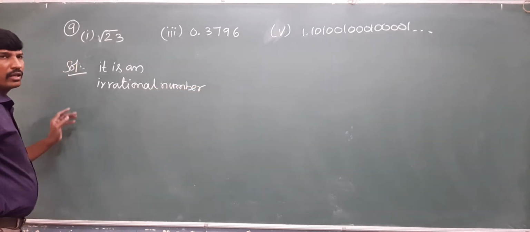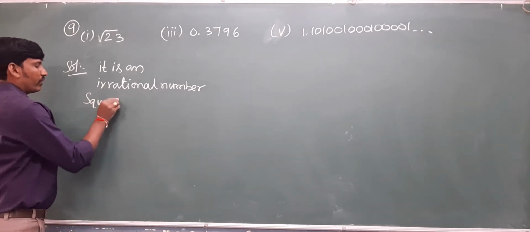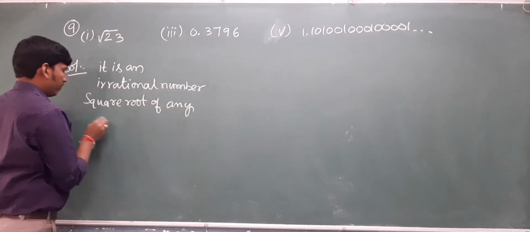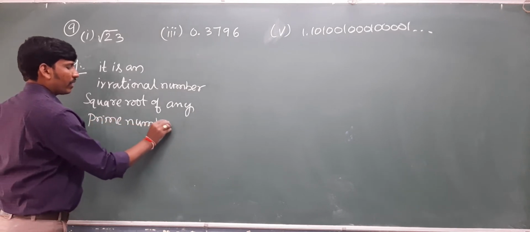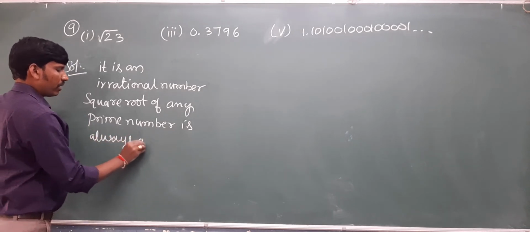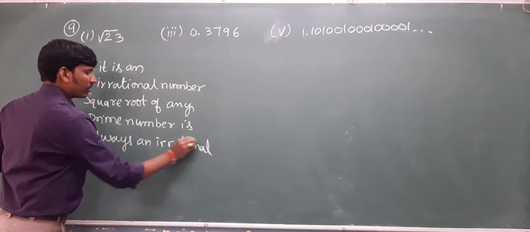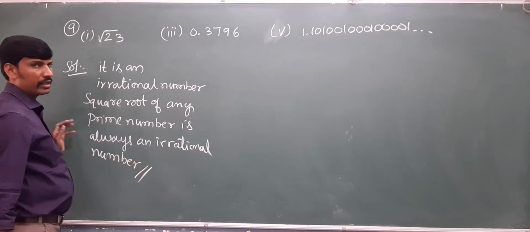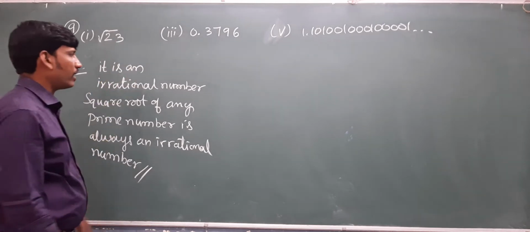You can write that the square root of any prime number is always an irrational number. Is this clear, my dear? Keep in mind, the square root of any prime number is always an irrational number.